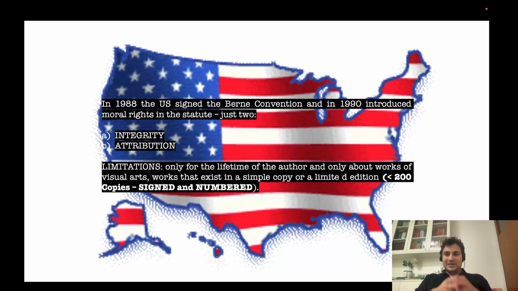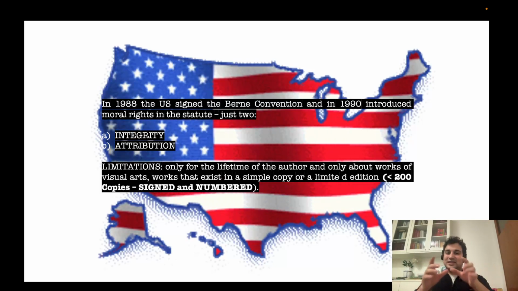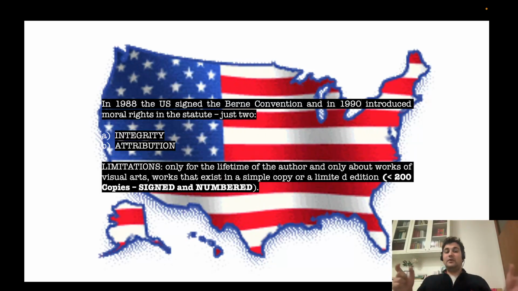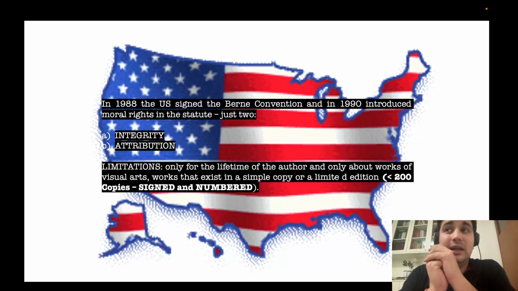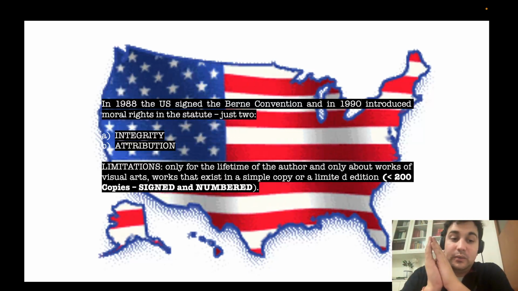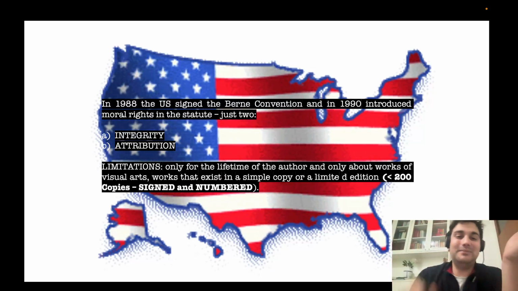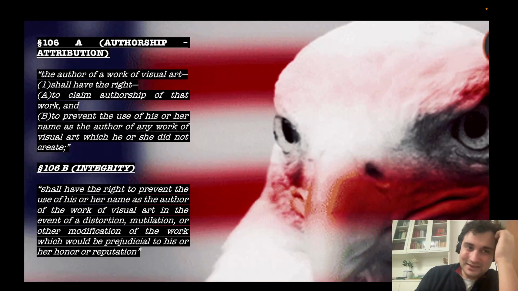What we see here is that moral rights apply to such a small part of the whole. Moral rights do not apply, for example, to software, but just to works of visual art that are scarce in number. But let's see them.